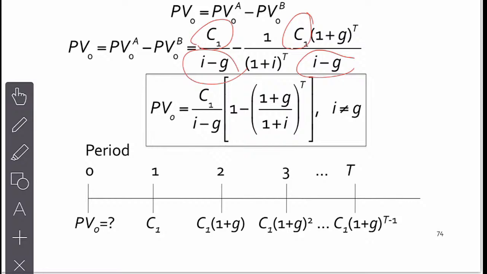This is the formula with a condition. You can only apply this formula if I doesn't equal G. What happens if I equals G? What's the problem with that?